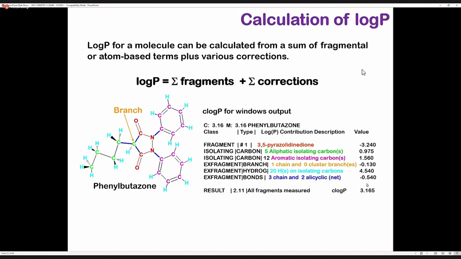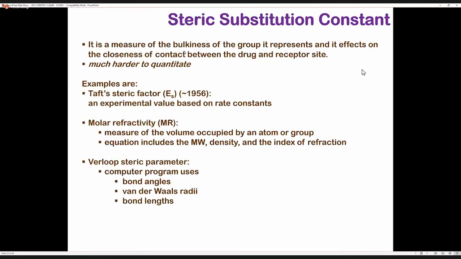Dekat sini ada correction. Mana correction dia? Ada correction. So this one, this just tambah, right? Okay. Tadi itu mula you dah tengok Hammett.